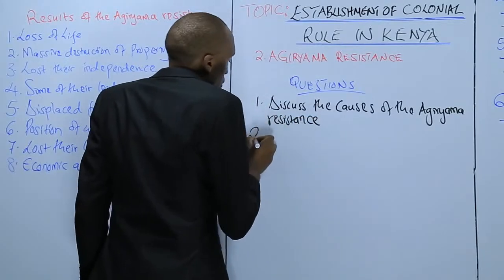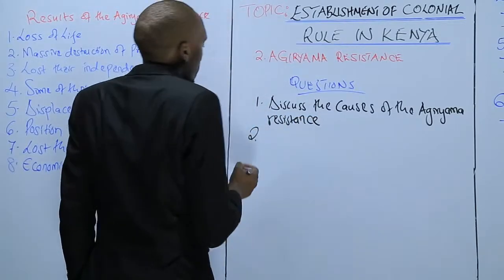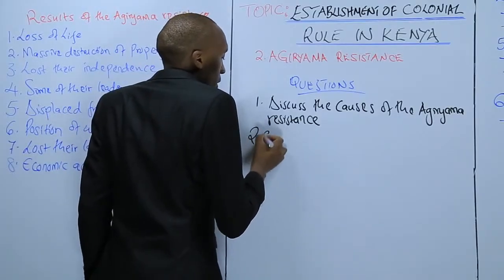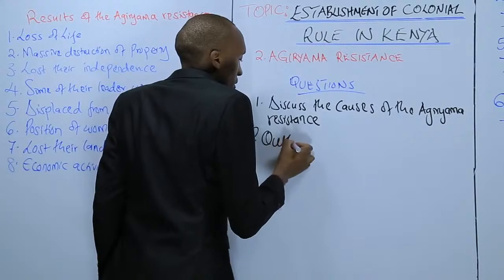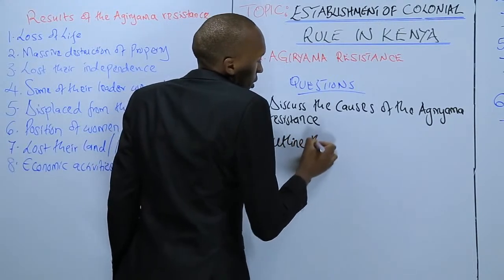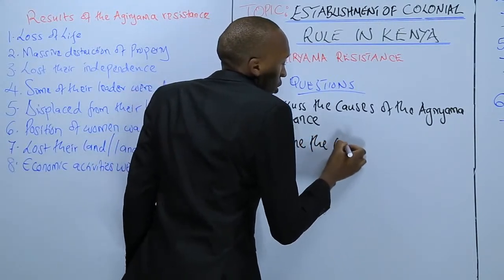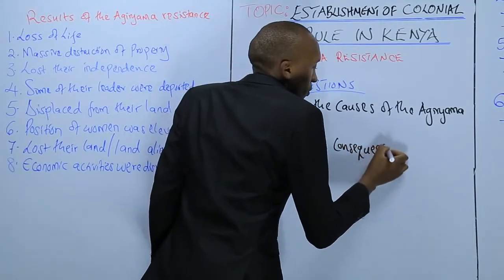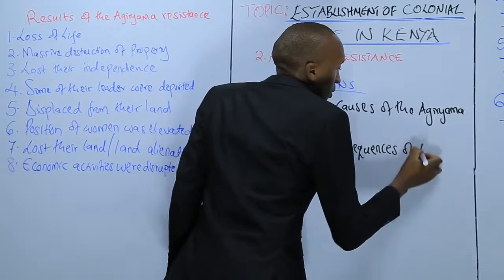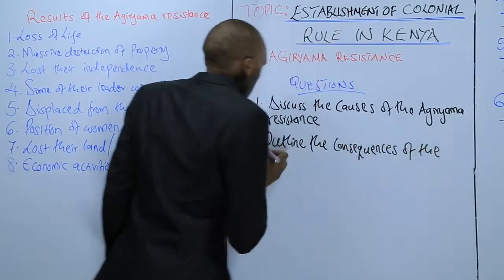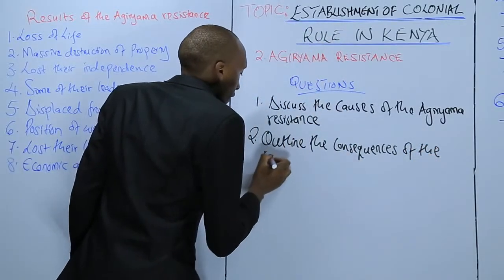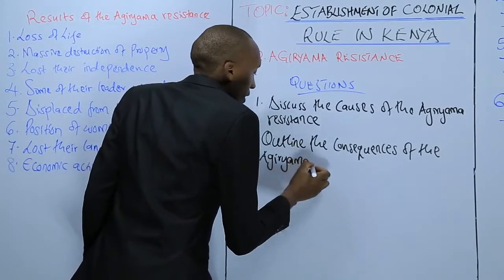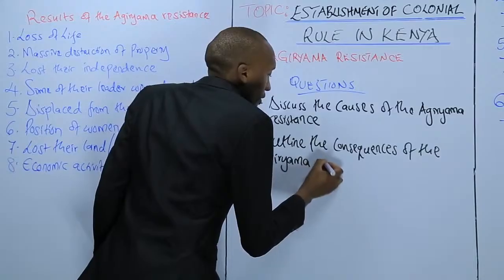And then number 2, outline the consequences of the Agriama resistance.